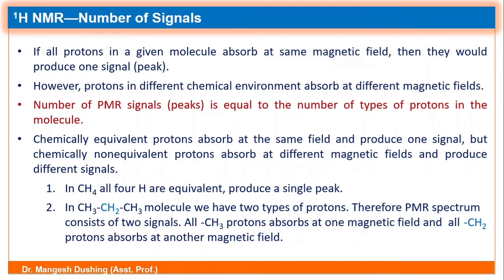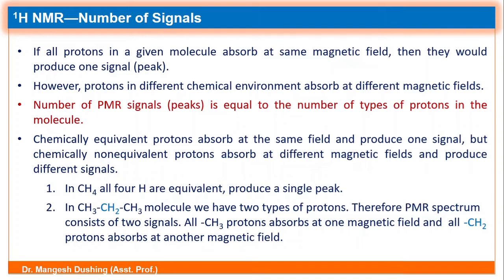If their chemical as well as electronic environment is different, they appear at different positions in the NMR spectrum, absorbing at different magnetic fields. One important thing in this slide: the number of peaks in the NMR spectrum is equal to the number of types of protons in the molecule.